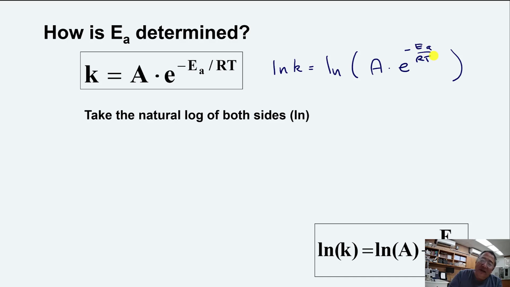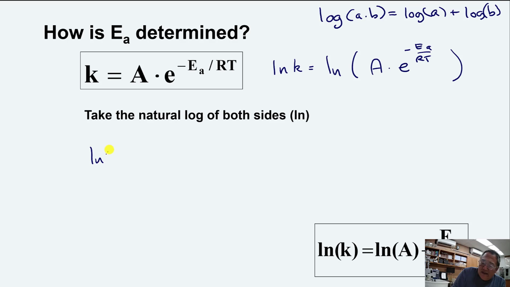Now, remember, when you have the log of a number, the ln of a times b is just equal to the ln of a plus the ln of b. And you'll see how this simplifies for us because this becomes ln of k equal to ln of A plus ln of e to the minus Ea over RT.